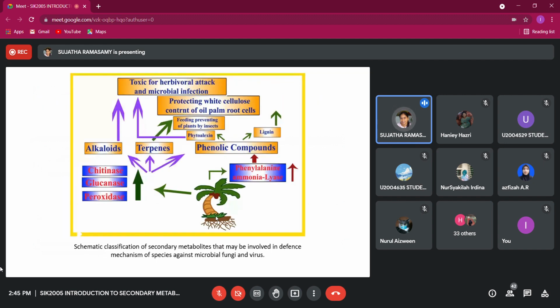Something like this, you can see like alkaloids is toxic for herbivoral attack and microbial infection. Terpene can help to protect the white cellulose of oil palm root cells, okay, and other. I'm just showing a very brief how it actually importance as plants defense mechanism.